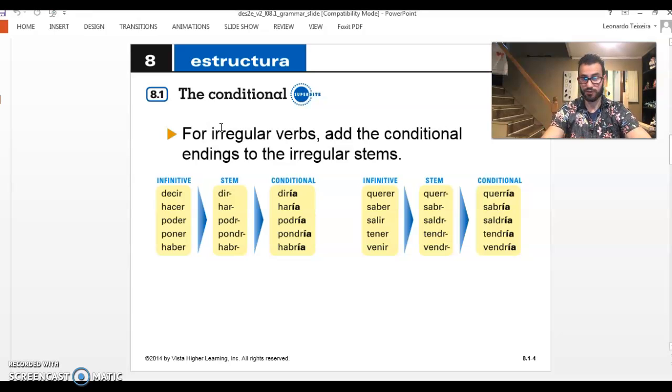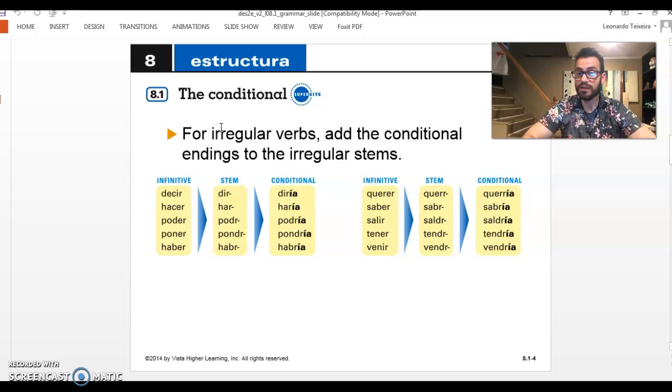Now, all of these verbs are very much used at all times in Spanish. Even the verb haber, meaning there is, there are, no? If you would say there would be something, habría de encontrar una casa nueva, no? There was the need to find a new house.